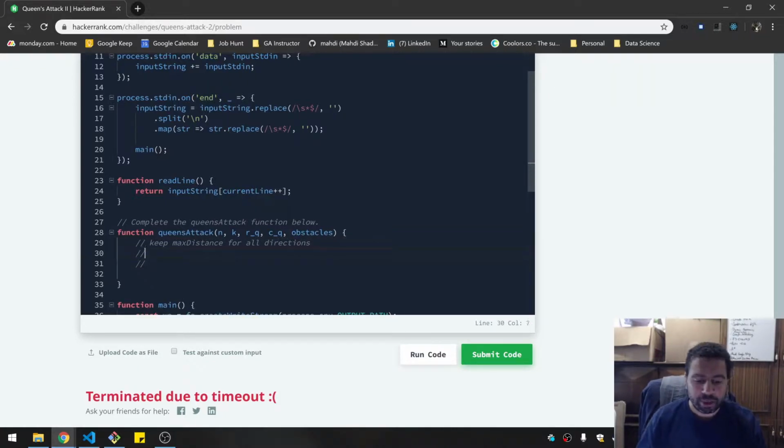And then I will loop through obstacles to get max distance, min distance. These are min distances. Yeah, okay. Set for full length initially. So initialize for full lengths.